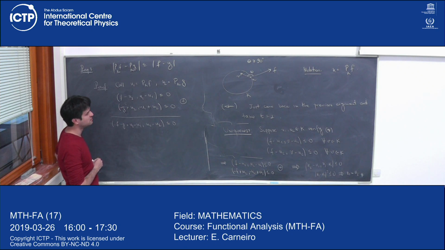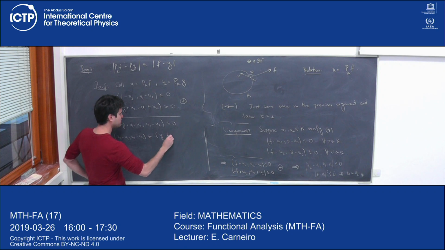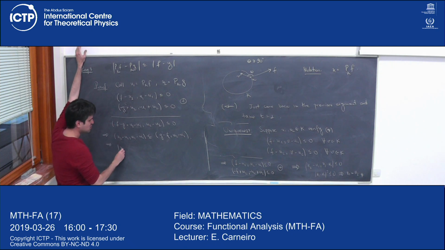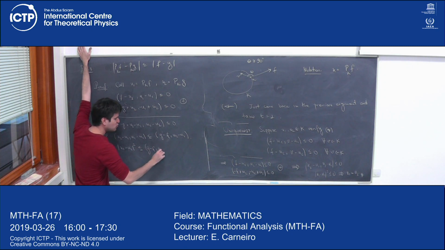Yes, just adding them up. Then this implies that, well, (u2 - u1, u2 - u1), I'm leaving this, and moving the other to the other side. So it's (g - f, u2 - u1). But then this is just the norm of u2 minus u1 squared, which is less than or equal to (g - f, u2 - u1).